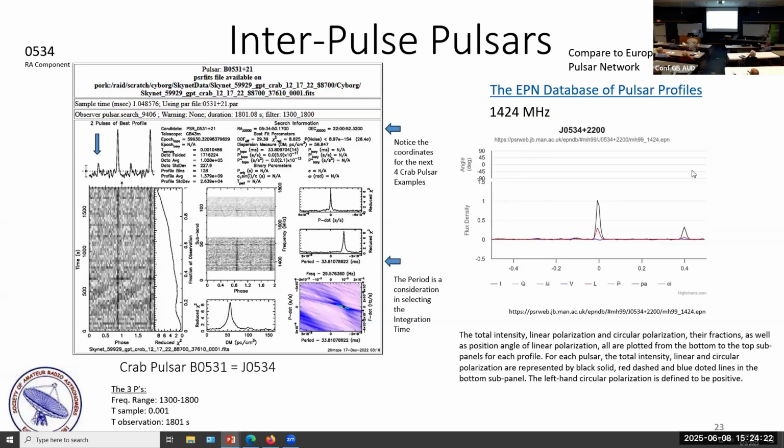So let's take a look at these three Ps, the pulsar profiles. The frequency range, 1300 to 1800, you get up here. The sample time, which is the integration time, is down here. So we have the pulsar period up here, and then milliseconds here.